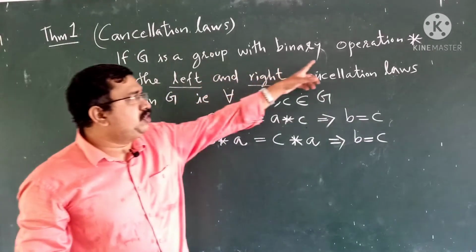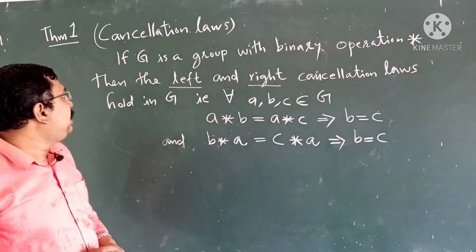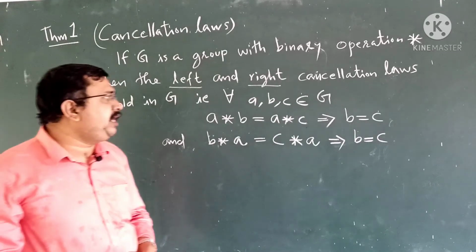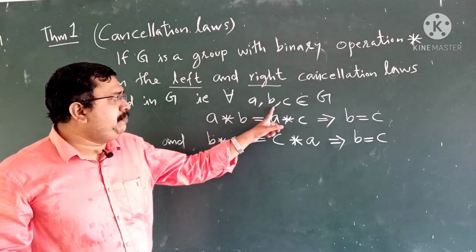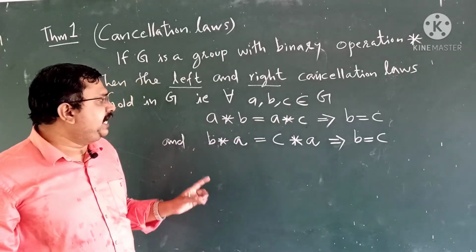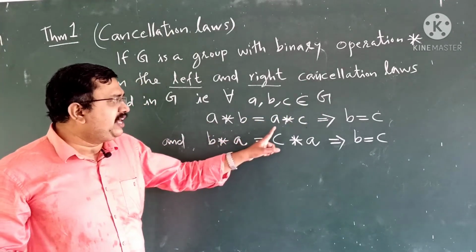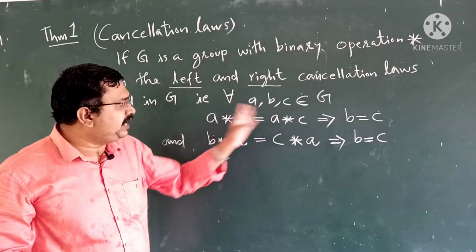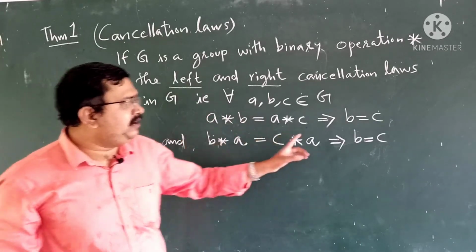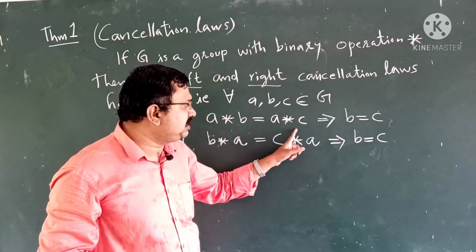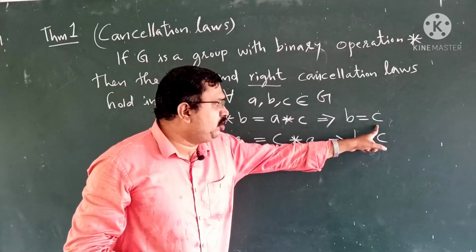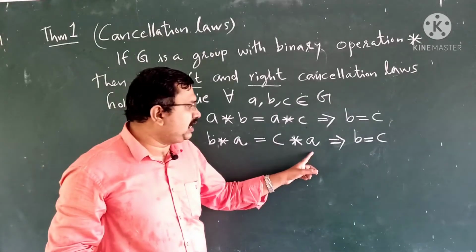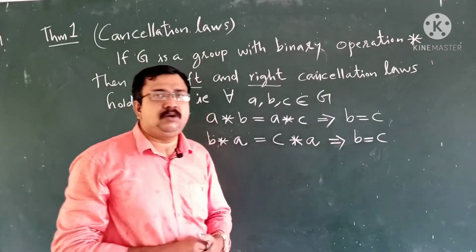If G is a group with the binary operation star, then the left and right cancellation laws hold in G. That is, for every A, B, C belongs to G, if A star B equal to A star C, then we can cancel A from both sides, which implies B equal to C. And the second case is B star A equal to C star A, which implies B equal to C.